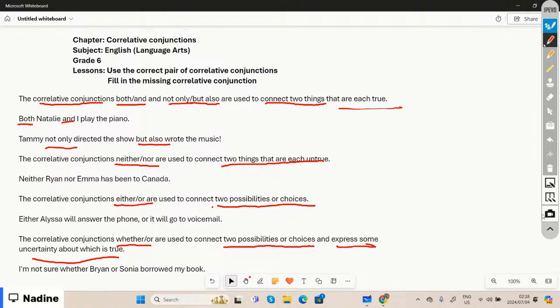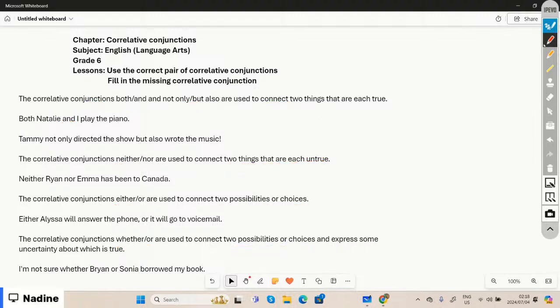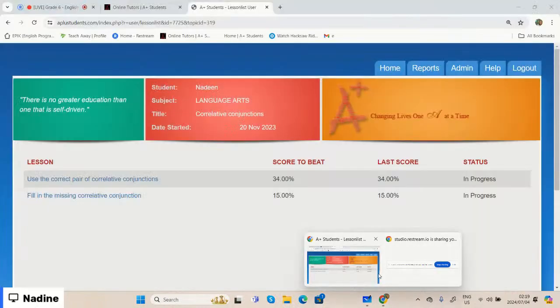All right, so now we're going to aplusstudents.ca and we're going to continue our chapter on correlative conjunctions. We're going to use the correct pair of correlative conjunctions, and we're going to fill in the missing correlative conjunctions.